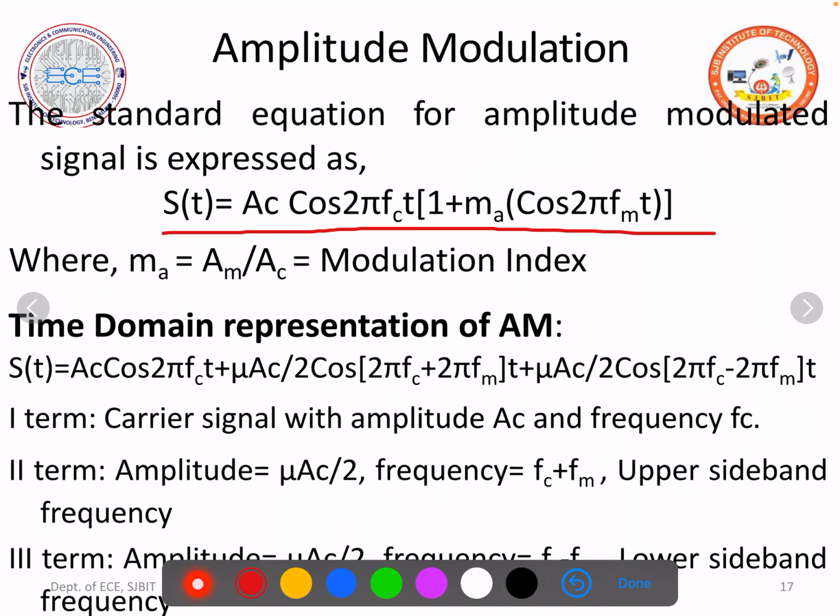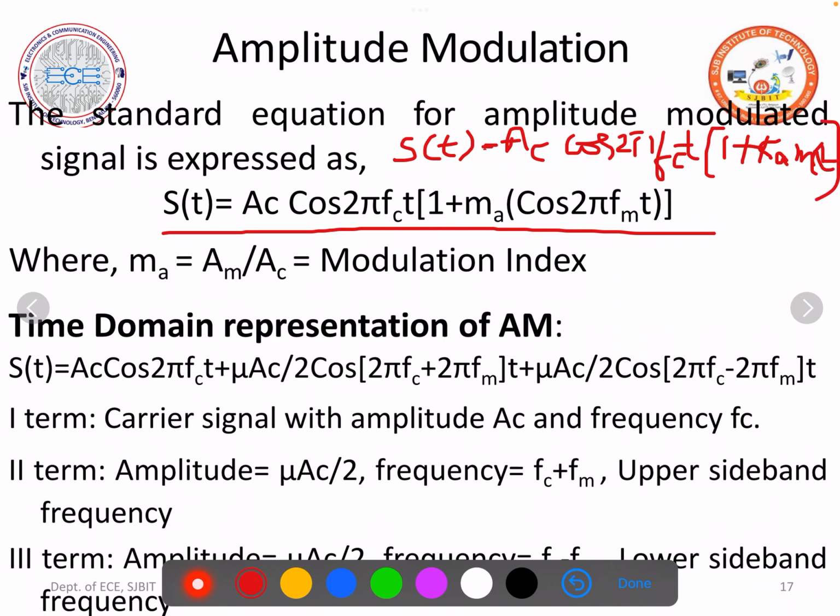In general, you can take this as s of t is equal to Ac cos 2 pi fct into 1 plus Ka into m of t.